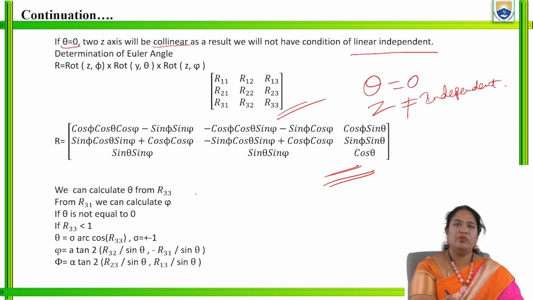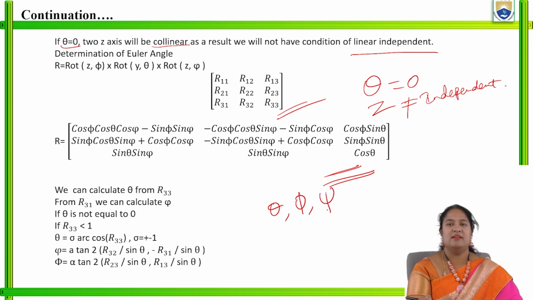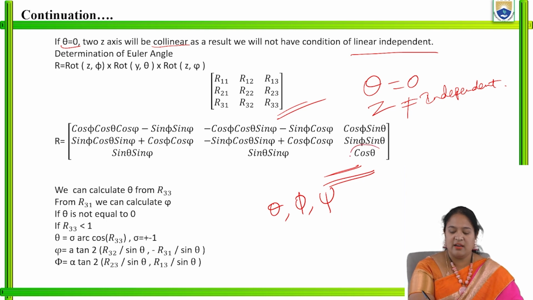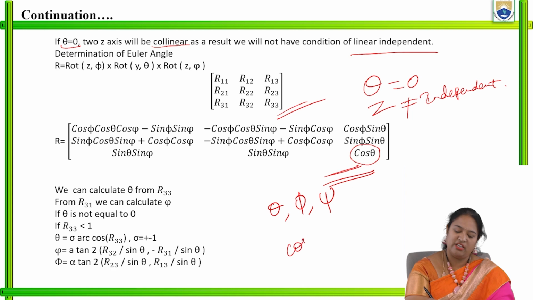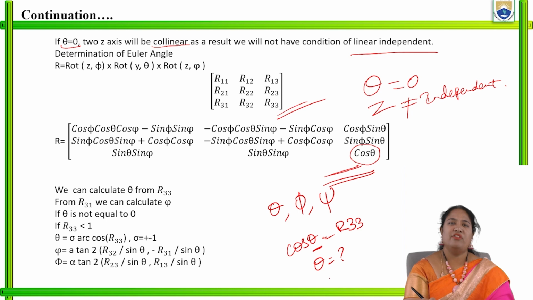Now in this, how do we calculate the angles? How will we get the theta value, the phi value, and the psi value? In order to know these values, first we will find cos theta, that is R33. From this we will find theta.